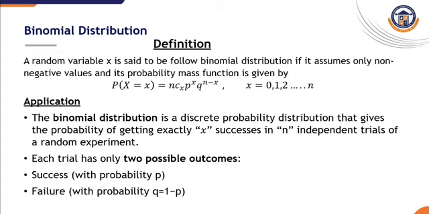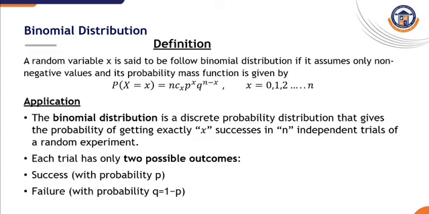The applications of binomial distribution: the binomial distribution is a discrete probability distribution that gives the probability of getting exactly x successes in n independent trials of a random variable. Here x represents the successes and n the independent trials.